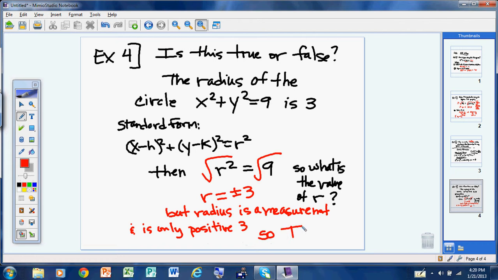So it's true. 3 is the radius of this equation, x squared plus y squared equals 9.